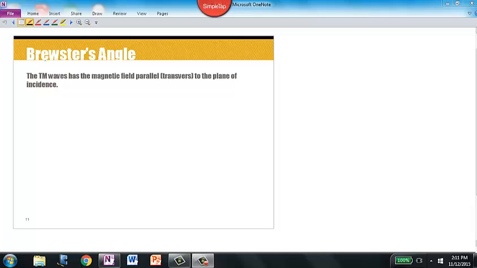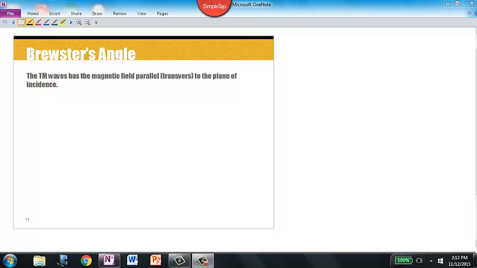We have what's called Brewster's angle. And Brewster's angle tells us what angle is required such that the entire TM wave is transmitted into media 2. So it's a little bit different. The critical angle tells us when entire reflection occurs in the TE mode, and Brewster's angle tells us when entire transmission occurs for the TM mode.